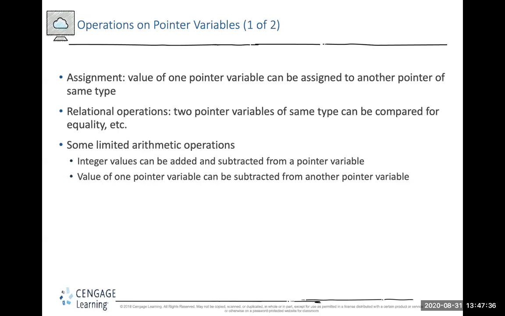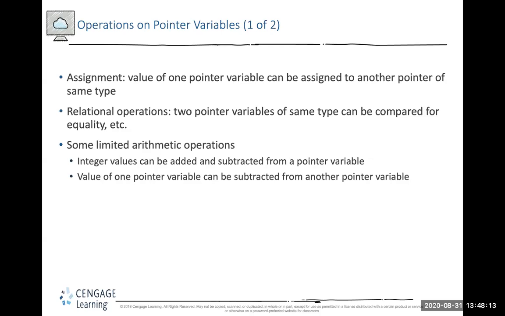With pointer variables, the operations you can do on them are quite limited. That's sort of intentional. One thing you can do, obviously, is assign values to a pointer variable. And for relational operations, the only thing you can do is equality. You're comparing two memory locations, and really the only thing that makes sense is whether they're equal or not.